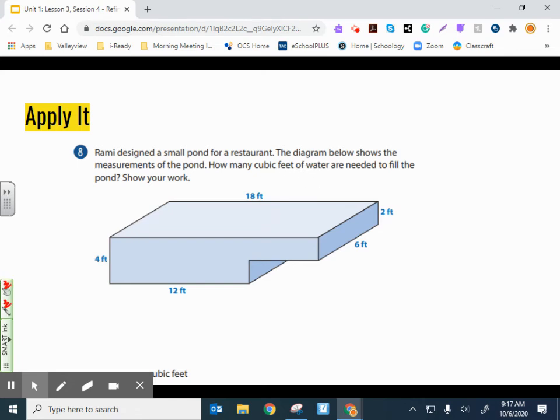Okay, so we're designing a small pond for a restaurant. How lovely. The diagram shows the measurements of the pond. How many cubic feet of water are needed to fill the pond? Show your work. Okay, so I'm looking at this. I'm just going to draw these lines here to represent the left-hand side.